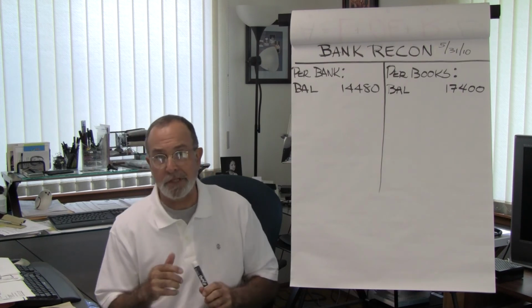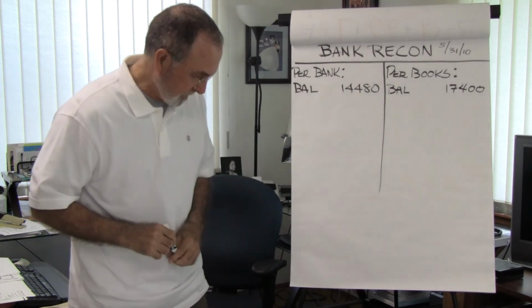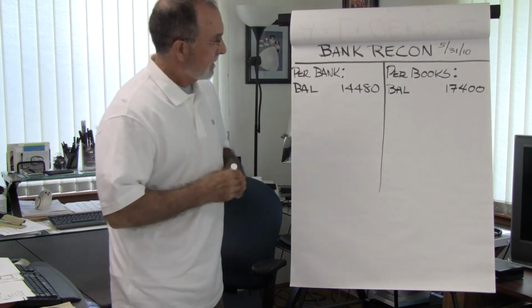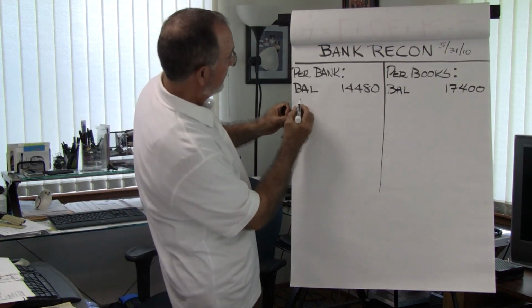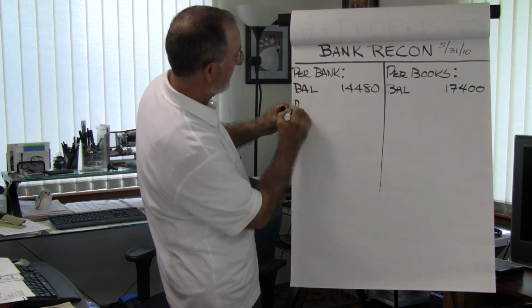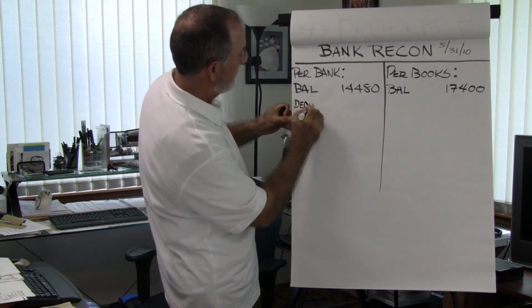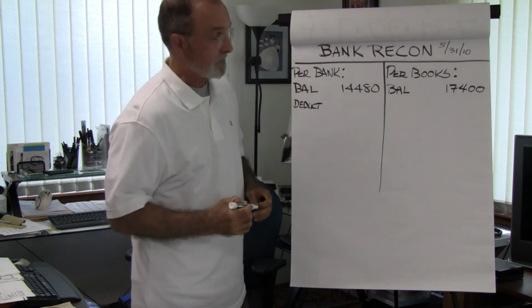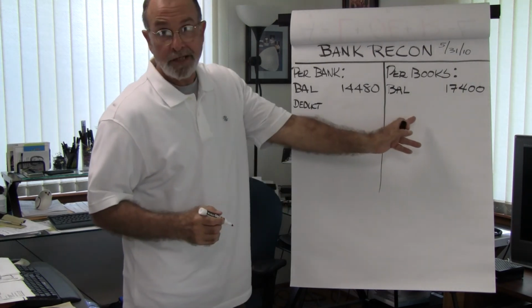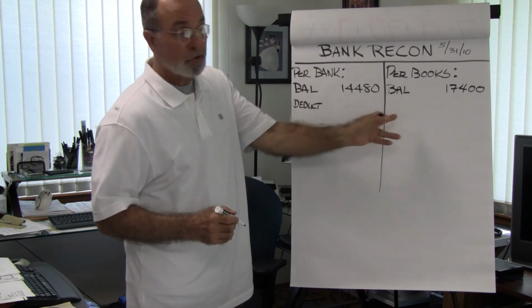And so that becomes a reconciling item on our bank reconciliation, and we will deduct that amount from our bank balance, because that amount again has already been deducted from our book balance.